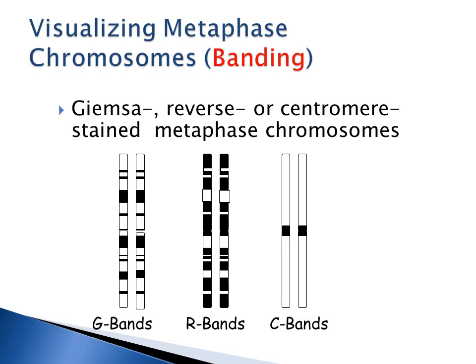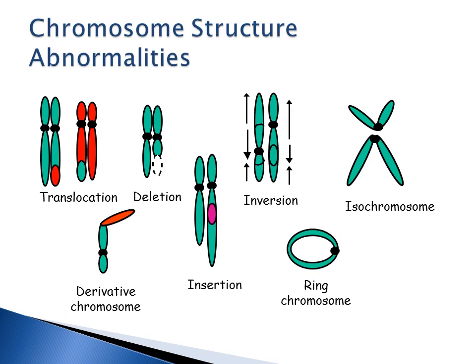Now, the problem with some diseases is that there are abnormalities in the chromosome structure. So we have translocations, which is where a portion of one chromosome goes into another chromosome. You have deletion, where part of the chromosome just disappears.